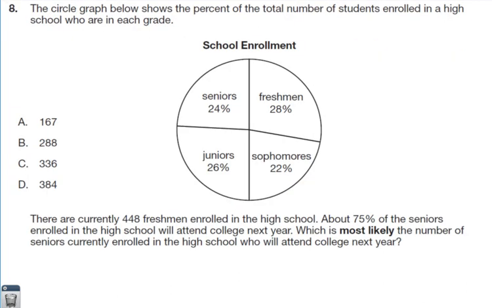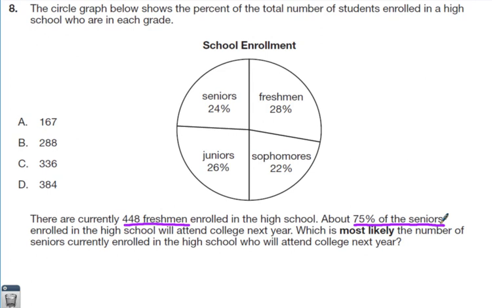Oh boy, number 8. Hopefully you've read this already, because this is the overall school enrollment. 24% are seniors, 28% are freshmen, etc. Then they go on to say there are 448 total freshmen, and 75% of the seniors are going to attend college.